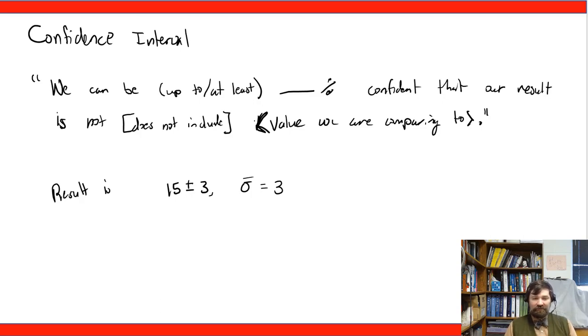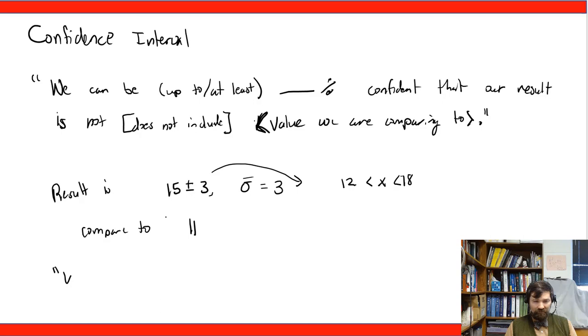Okay, this would mean that let's compare to an expected value of, let's say, 11. So you'll notice that this range right here would run from 15 minus 3, so that's 12, less than x less than 15 plus 3, which is 18.